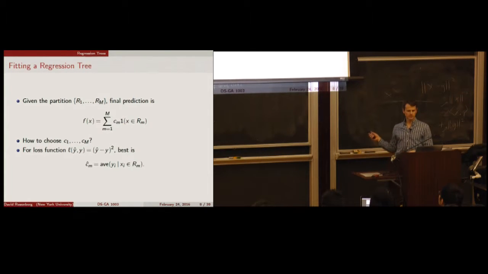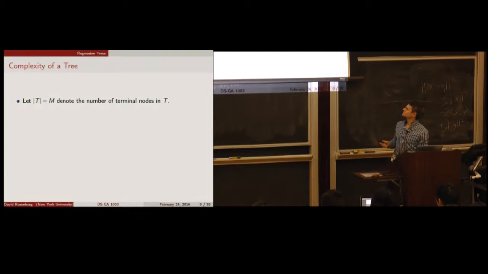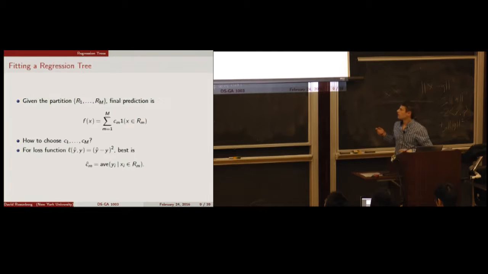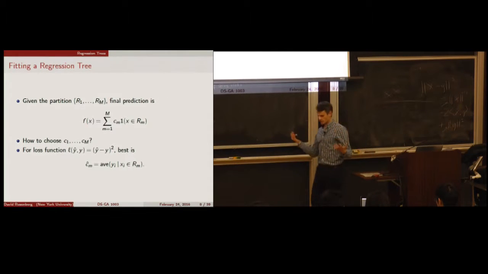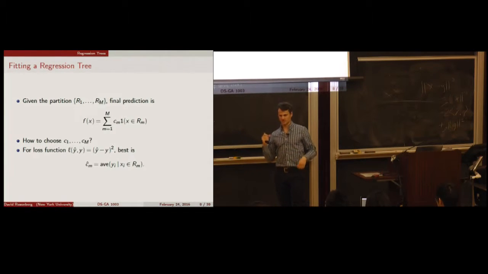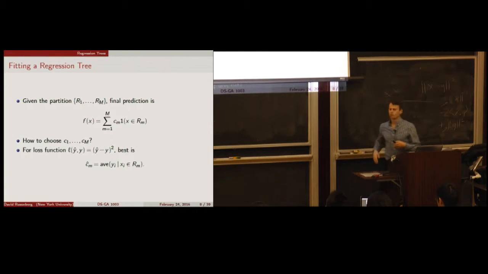Is that clear, or should I write that down? All right. You can post on Piazza if you're unclear. So if someone gave us the partition, we know how to get the CMs. It's the average of some points.